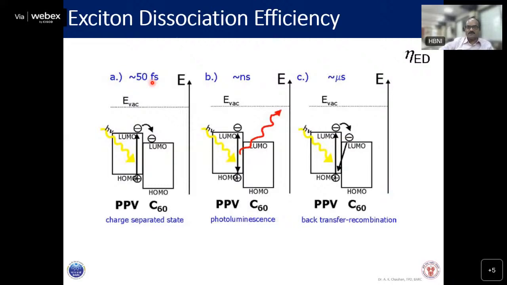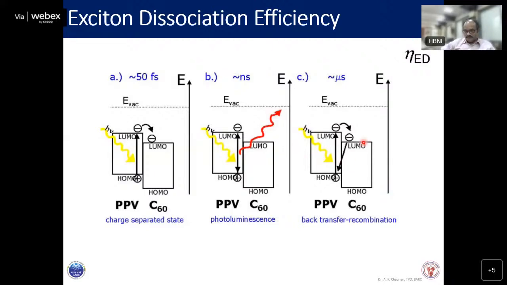It is on the femtosecond scale. However, this recombination loss, where the exciton combines back, the electron combines back with the hole and emits radiation, is on the nanosecond scale.